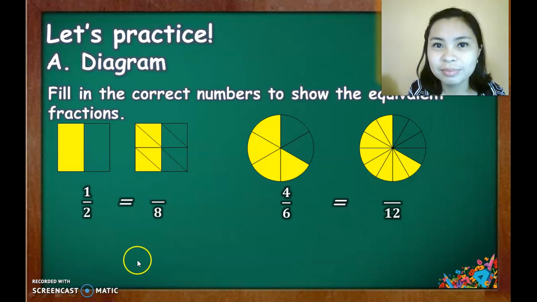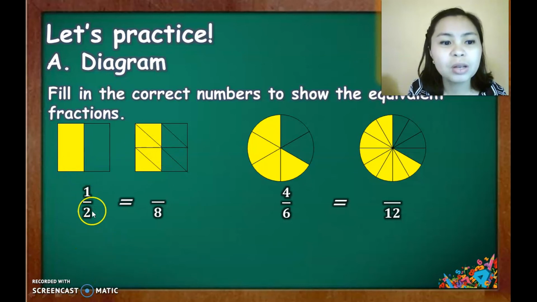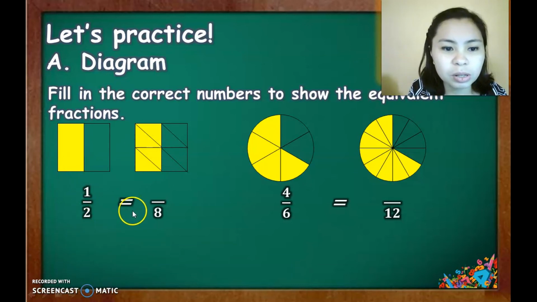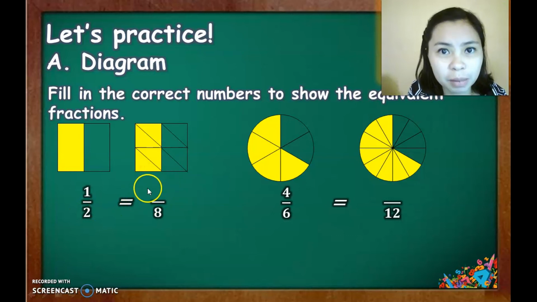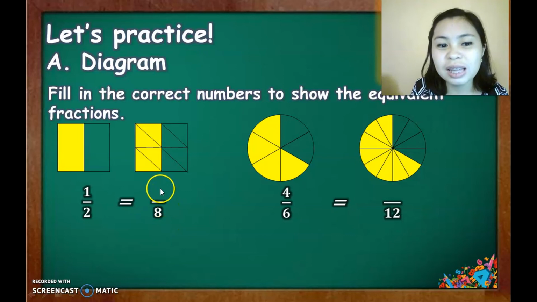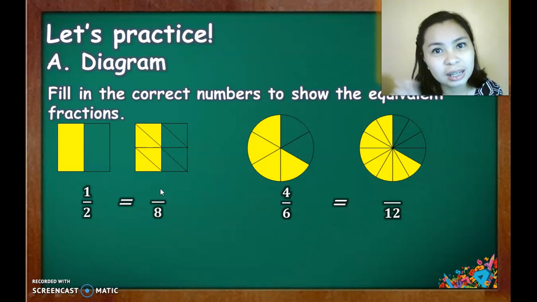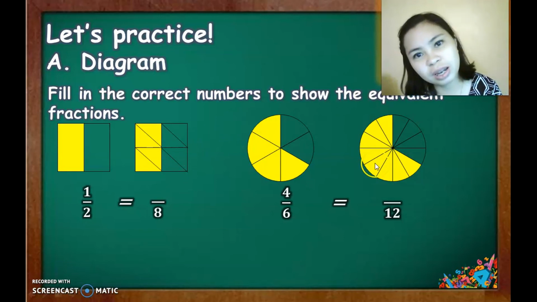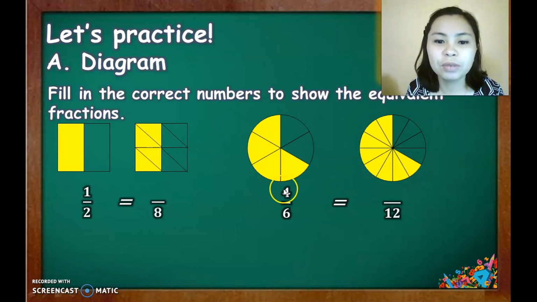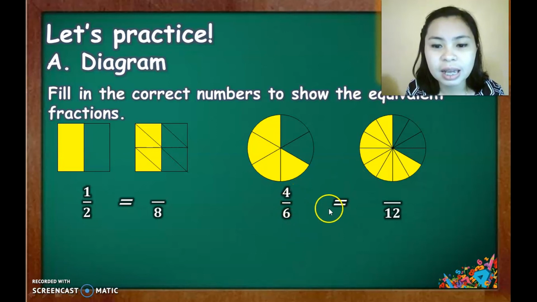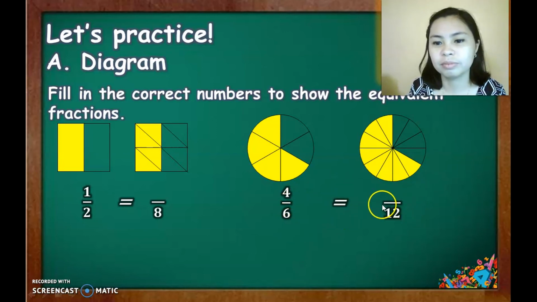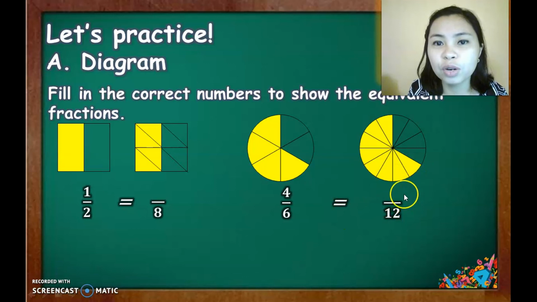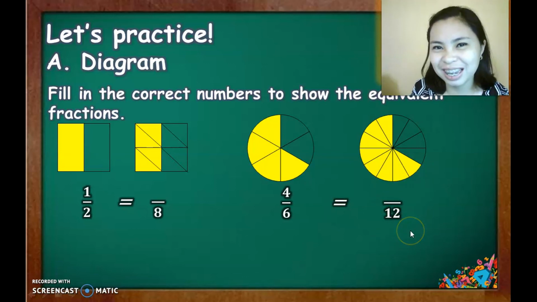The first diagram: 1 over 2 is equal to a blank numerator over 8. You just answer using the shaded portion. Same for the second diagram: 4 over 6 is equal to a numerator over 12.